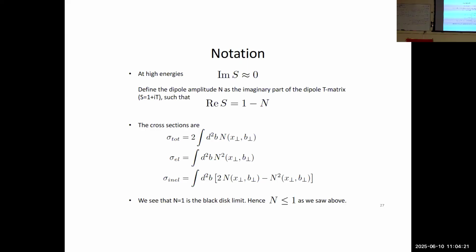Not n, but m, because n is already taken for the dipole amplitude. Okay, so we have a nucleus, let's say it has a diameter of 2r, twice its radius, for simplicity.